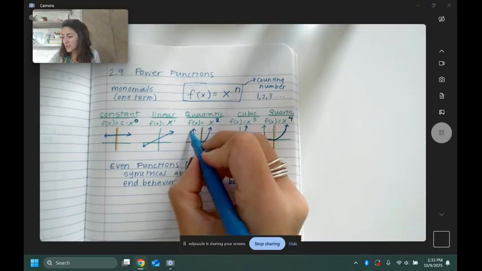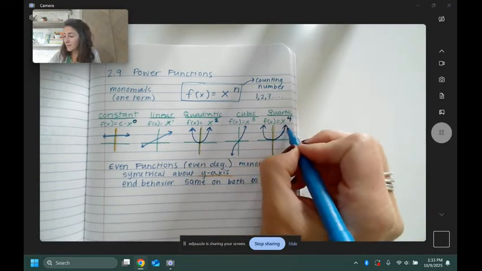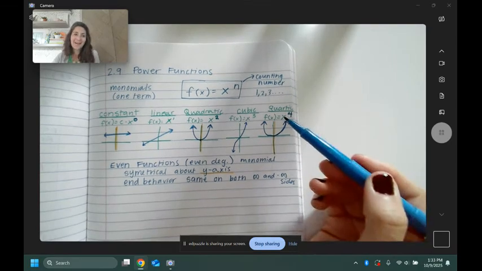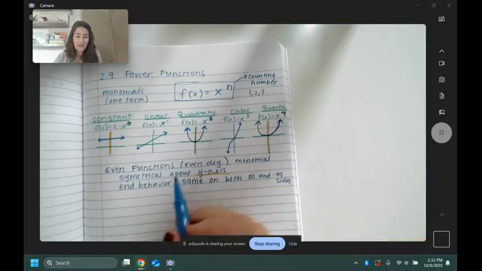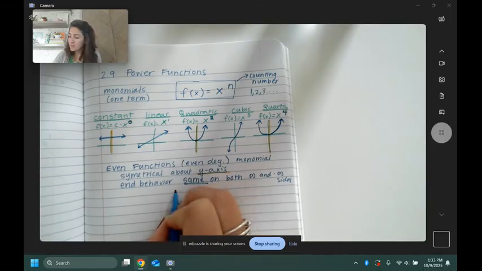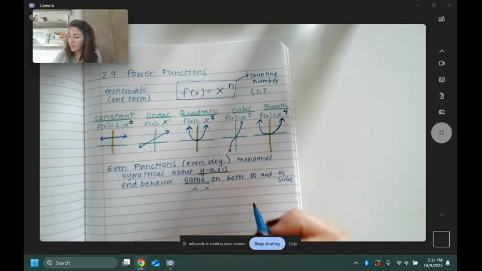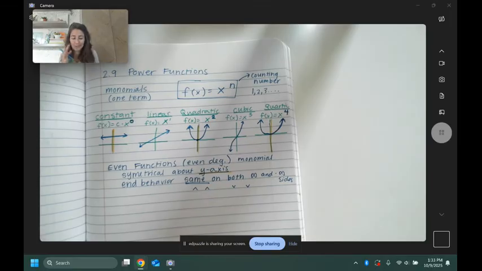So notice here it's going up at the end and up at the end, up at the end, up at the end. If this were flipped, like negative x to the fourth, they would be going down and down, down and down. So end behaviors are the same, symmetrical about the y-axis. It'll either be going up, up at the end or down, down at the end. Okay.